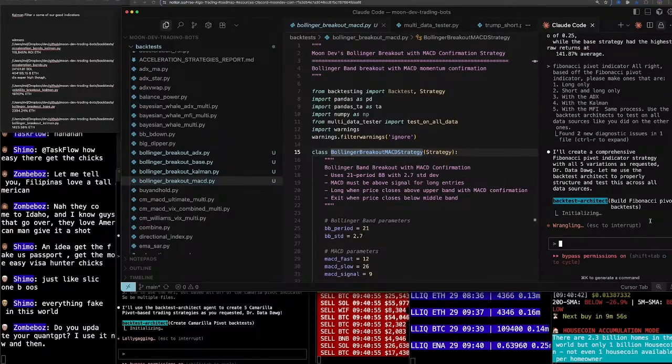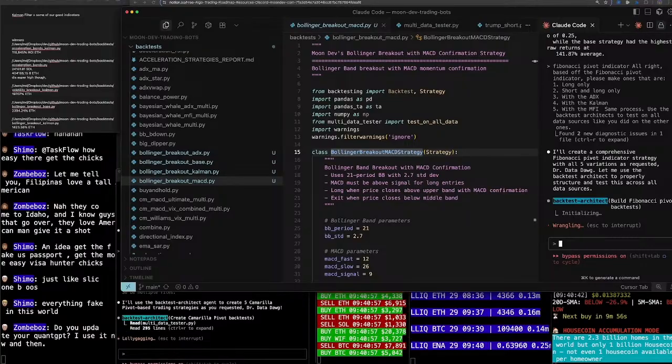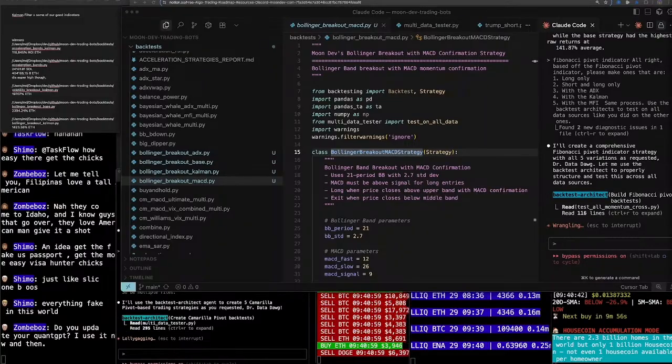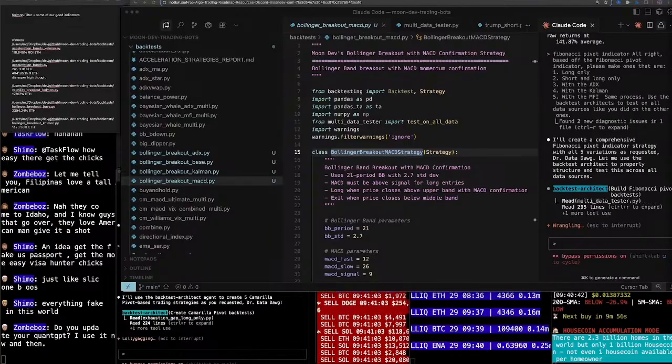Do you update your Quant GPT? I use it now and then. I don't actually, but I set it up to work a long time ago. That's awesome that you still use it, bro.